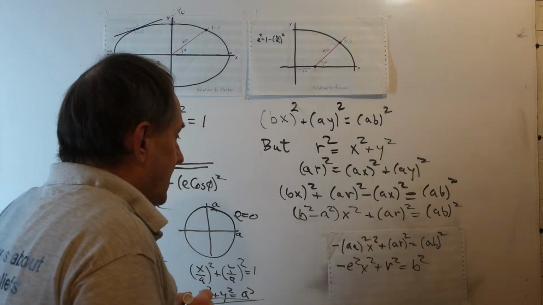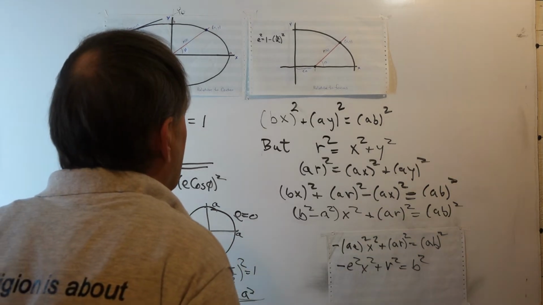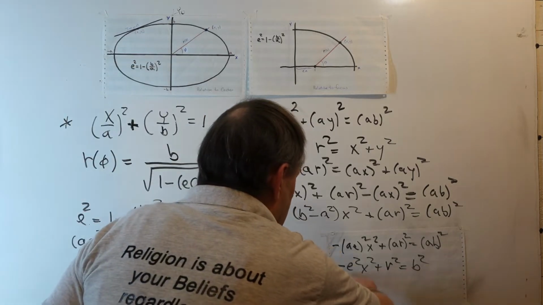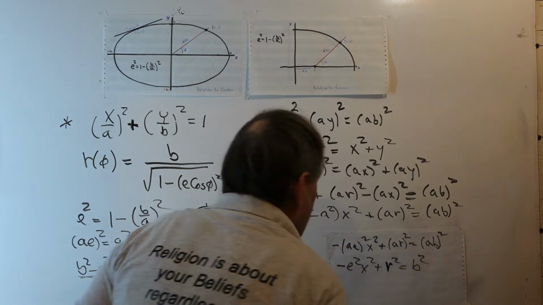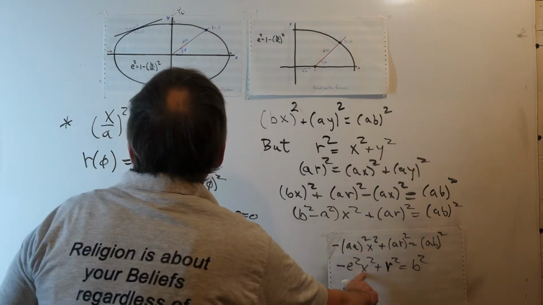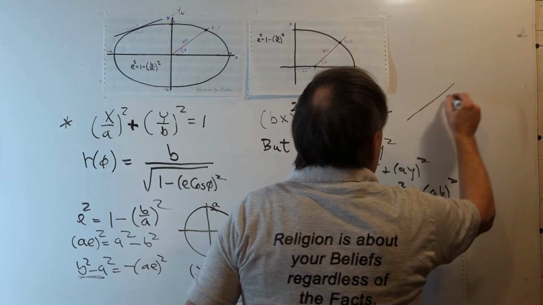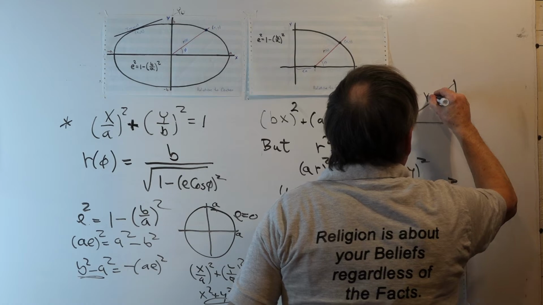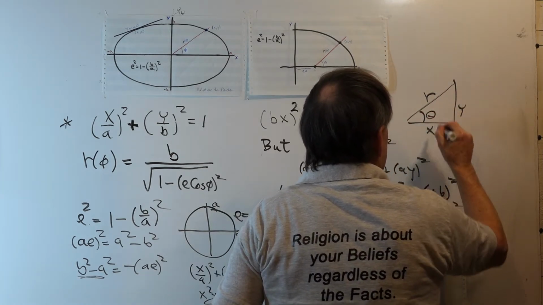Now, let's solve here for r squared. But before we do that, we need to get rid of our x. Well, we know from Pythagoras' theorem, remember, r is our radial distance out. This is x, this is y, and this is theta.